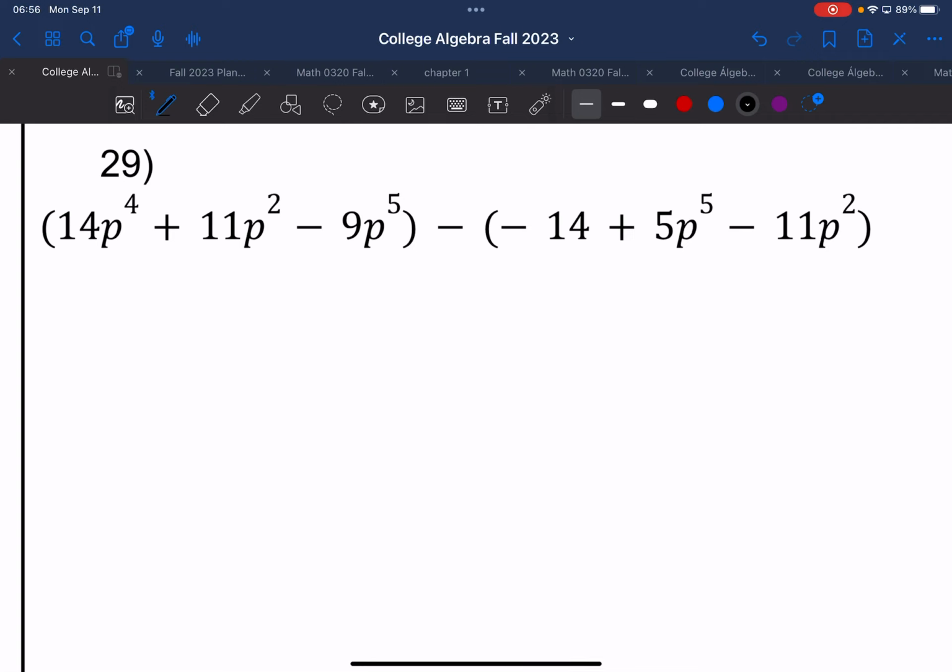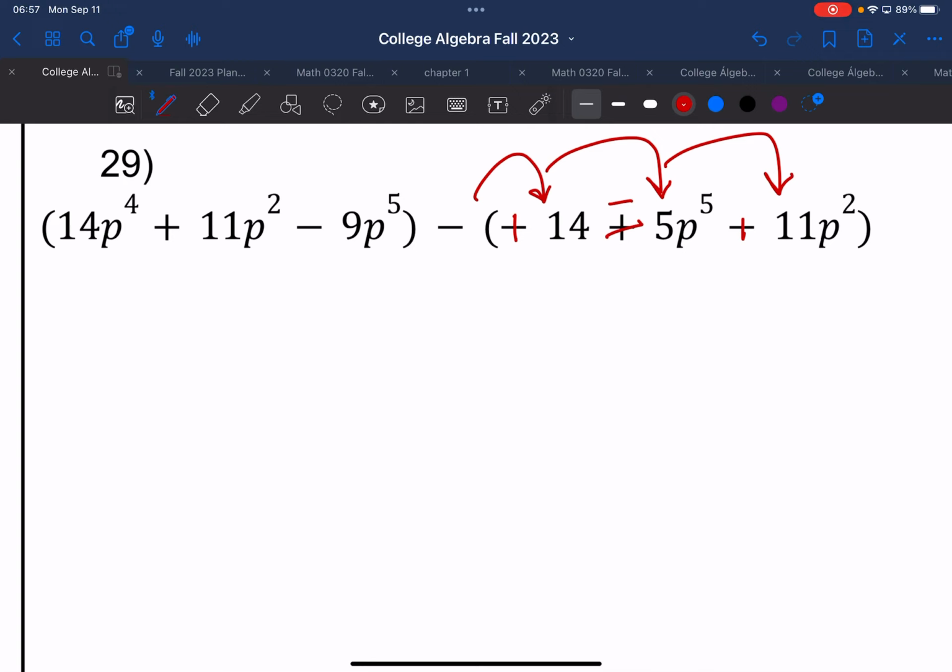Okay, so looking at 29, what is our first step here? Good. We distribute this negative, and then we know when we distribute that, it changes all the signs. So this is positive now. This one is negative, and this one is positive. Okay, now that we changed all the signs, do we need any of the parentheses anymore?